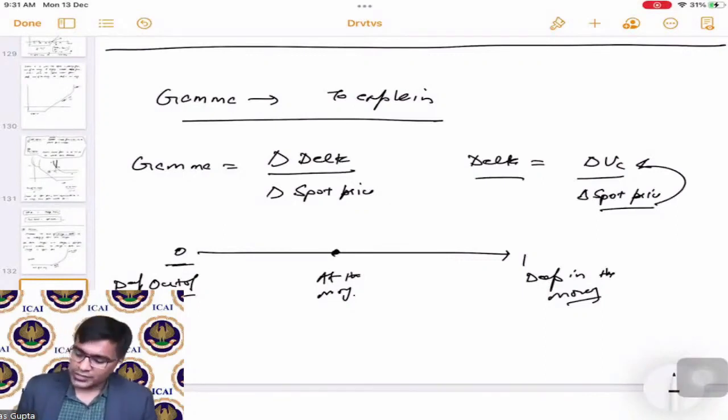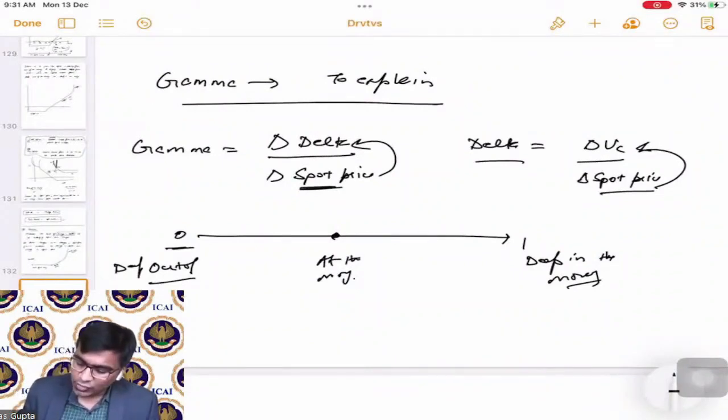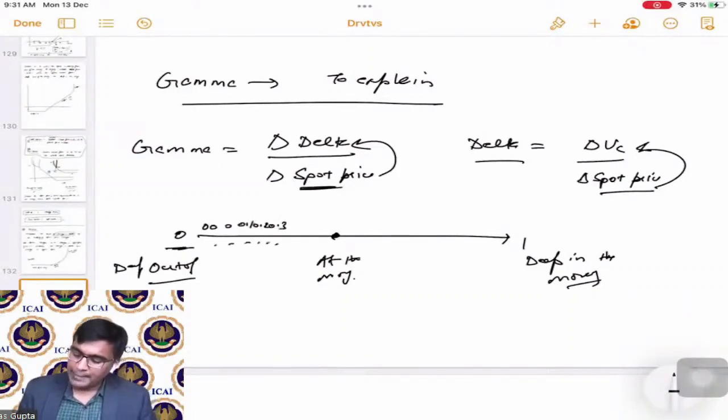What we are talking about is what this change in spot price will bring to the change in delta. What we are saying is that 0 will be 0 only here. It will change slowly. Let's say 0 will become 0.1, 0.2, 0.3. But as the price is moving up, suddenly it will become 0.5 here.